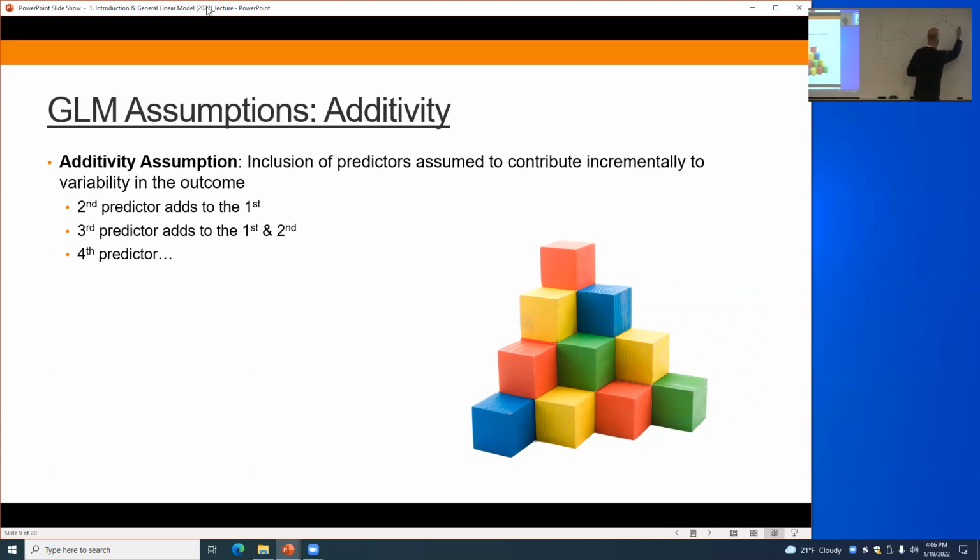Well, now I've got another IV2 that accounts for something a little bit different, right? And I'm going to add another one in, and it's maybe going to come over here. It's not quite as much, but it's accounting for something that's not already accounted for by other things in the model. Okay.